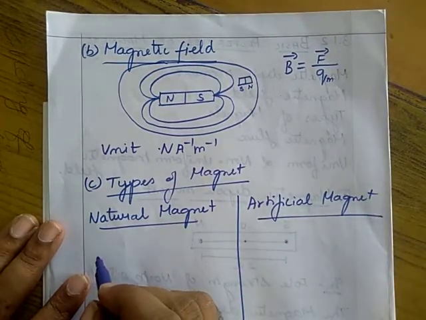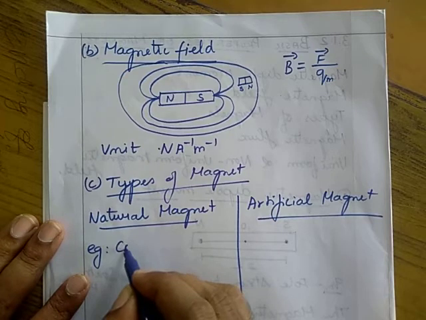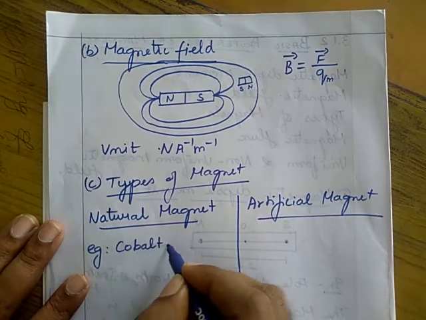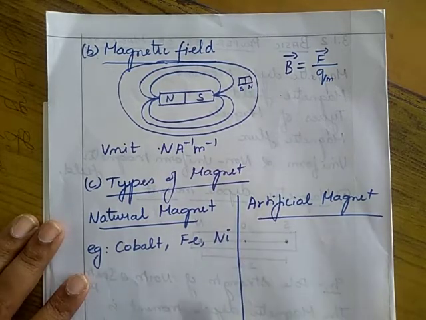Examples for natural magnets are cobalt, iron, nickel. These are the examples for natural magnet.